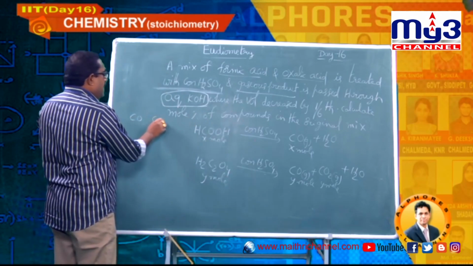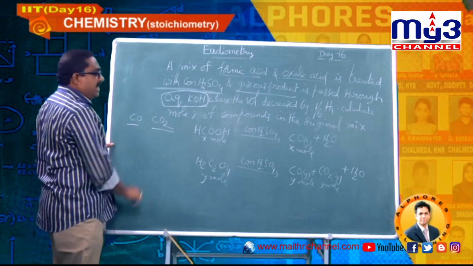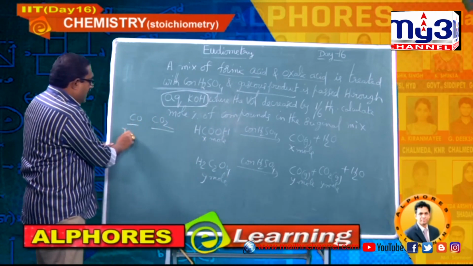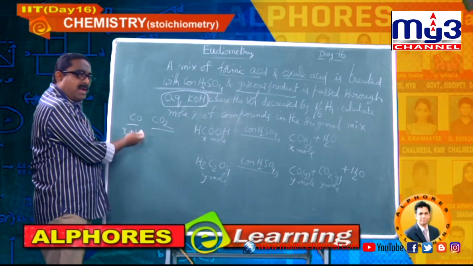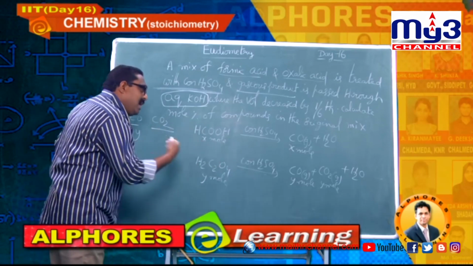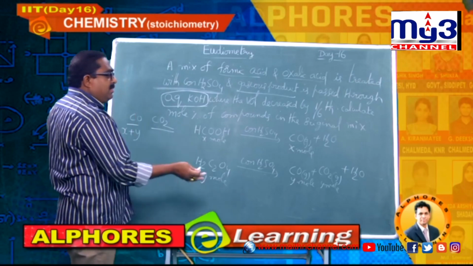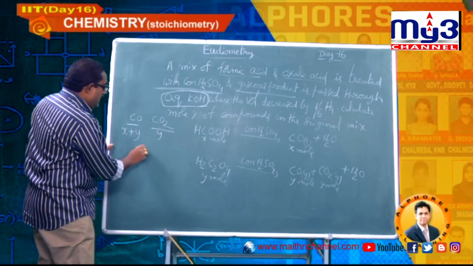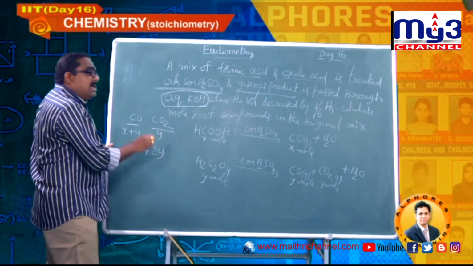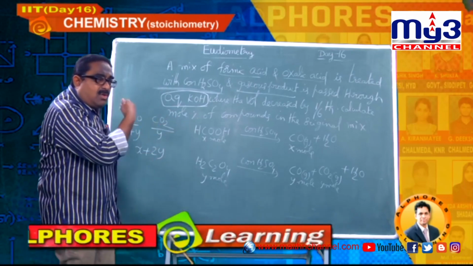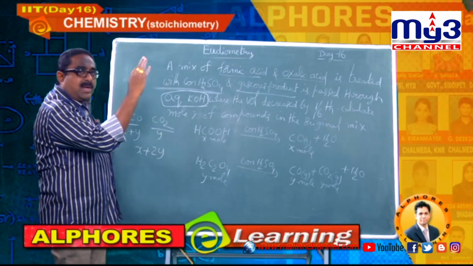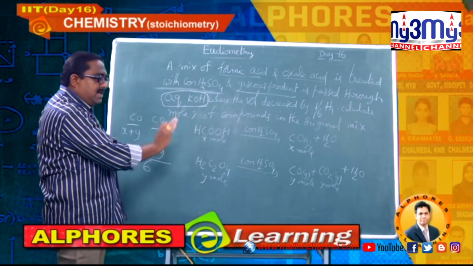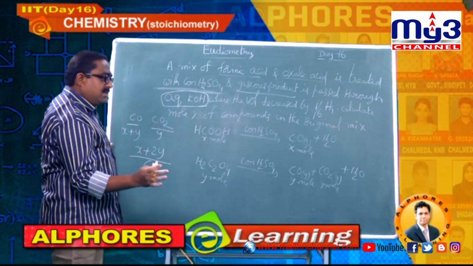Carbon monoxide, carbon dioxide. Here I am writing, students, so please concentrate here. Carbon monoxide is x plus y, moles or volumes, both are the same because the ratio becomes the same for gas mixtures. Carbon dioxide is only y. So total it is x plus 2y. If you consider this as total volume, x plus 2y should be decreased by 1/6. Why has it decreased by 1/6?